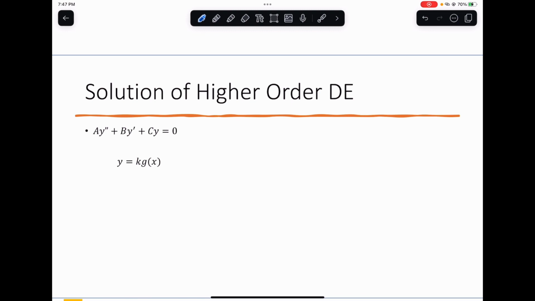Will it still be a solution of the differential equation? Let's say, for example, y is equal to e raised to x is a solution of the differential equation. Does it follow that y is equal to 3 e raised to x is a solution as well? Is y equal to negative e raised to x a solution of the differential equation?